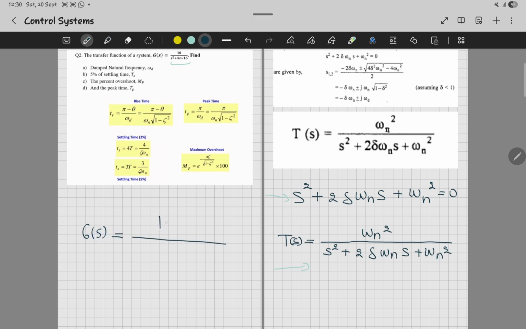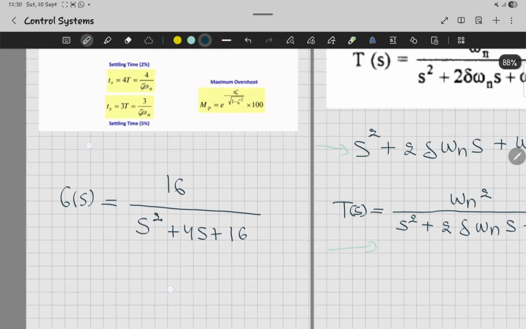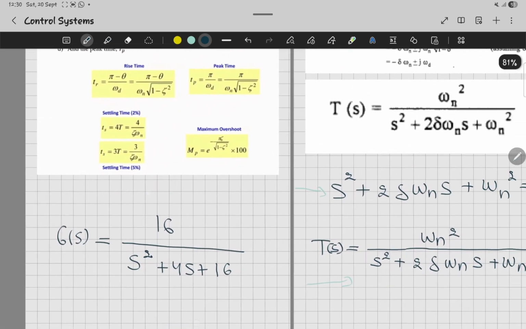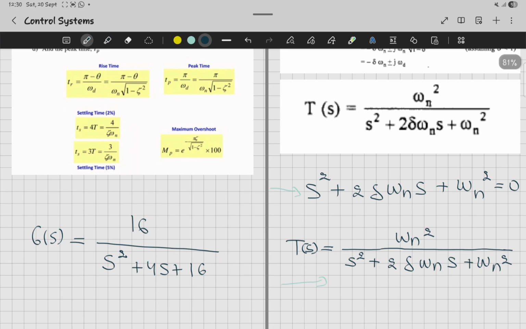So it's actually 16 s squared plus 4s plus 16. What you see here is what we have, and if you have to solve, this is what you're going to have. You can actually use this part.